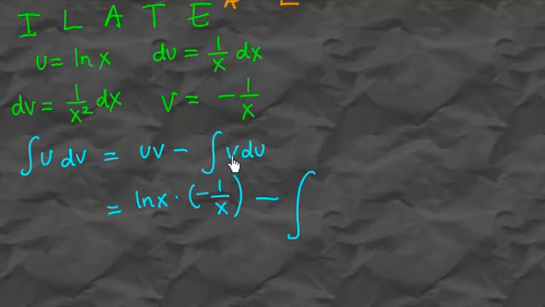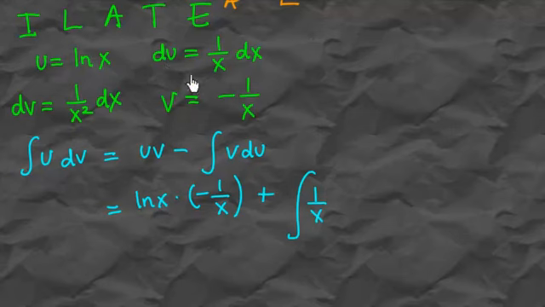Okay, again we need to substitute this minus 1 over x for the v. The two minuses become a plus, so we can write this as plus the integral of 1 over x times du.